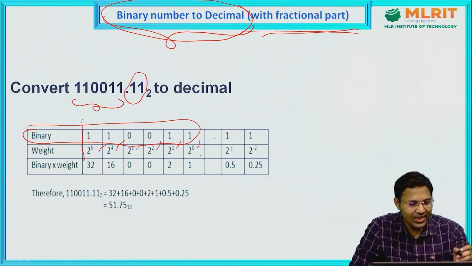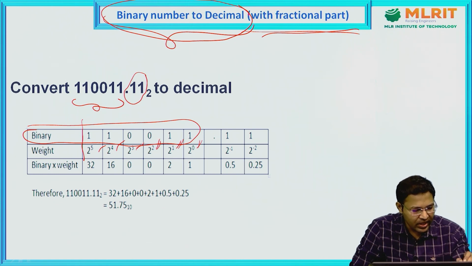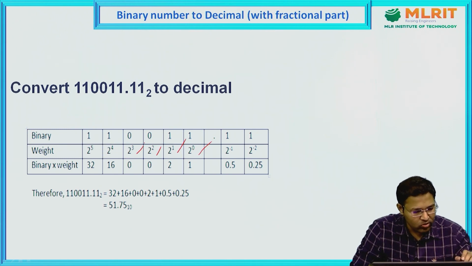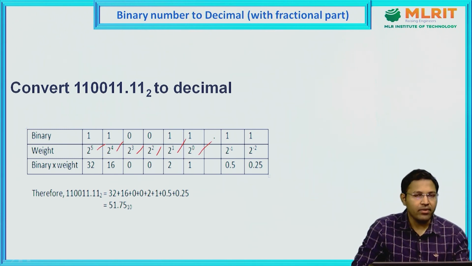So we are taking 2 power 0, 2 power 1, 2 power 2, 2 power 3, 2 power 4, 2 power 5.